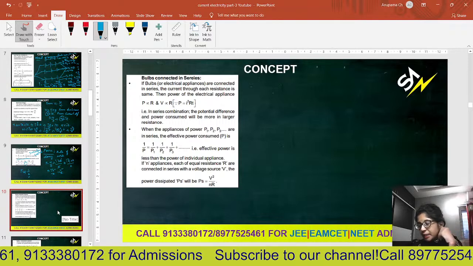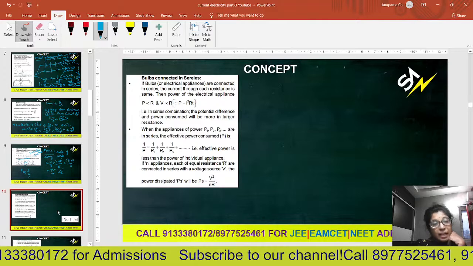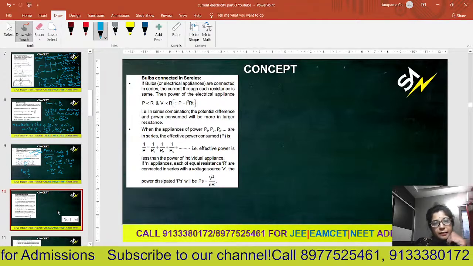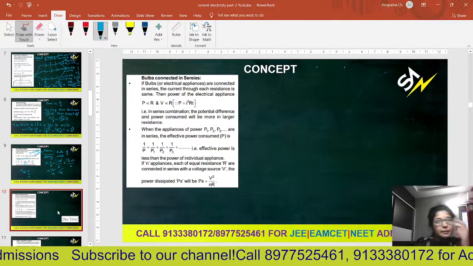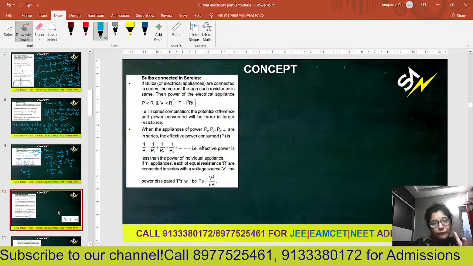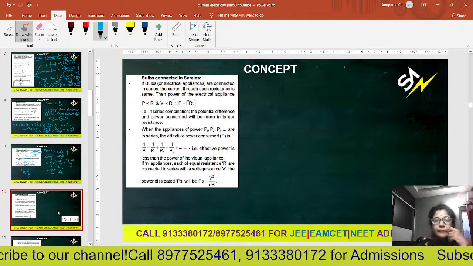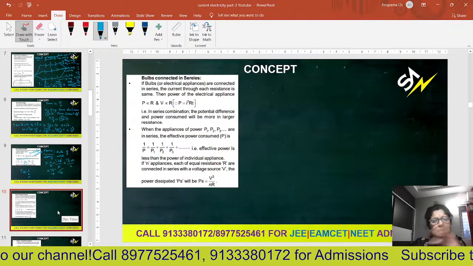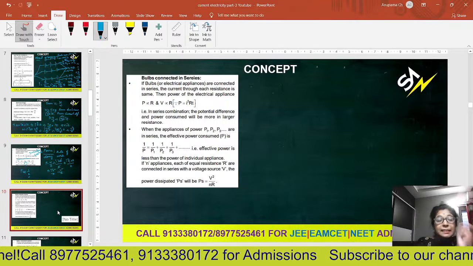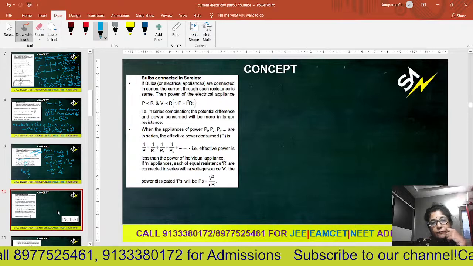But apart from that, when you take these bulbs in series, the disadvantage is when a wire is cut in the middle or when any bulb blows off, gets damaged, then naturally all the bulbs stop working. Okay, so that is the disadvantage of bulbs.